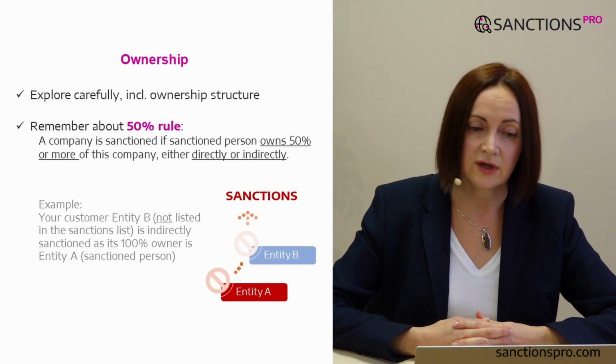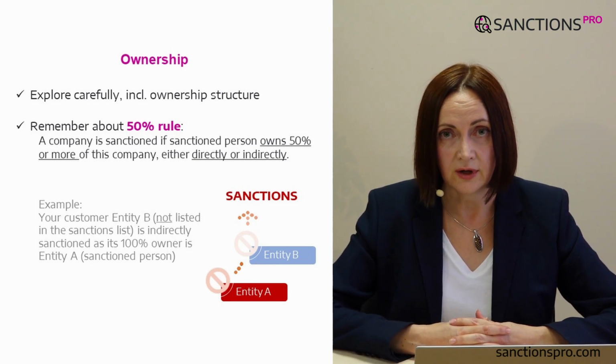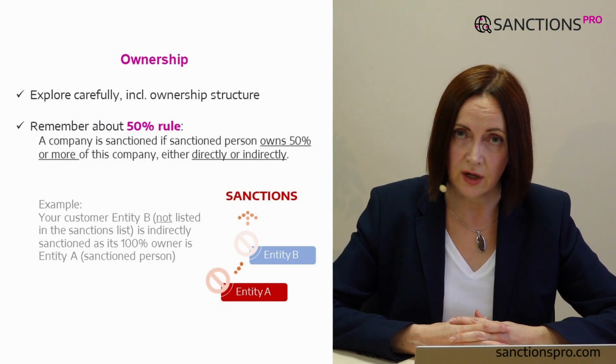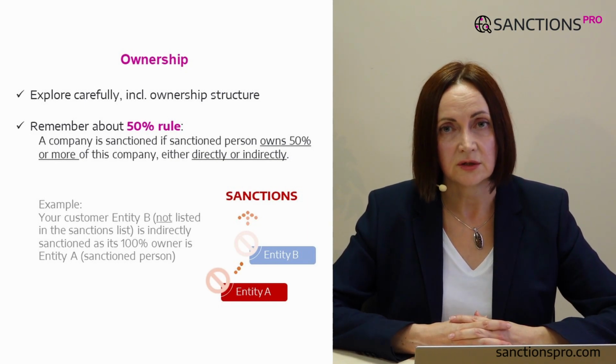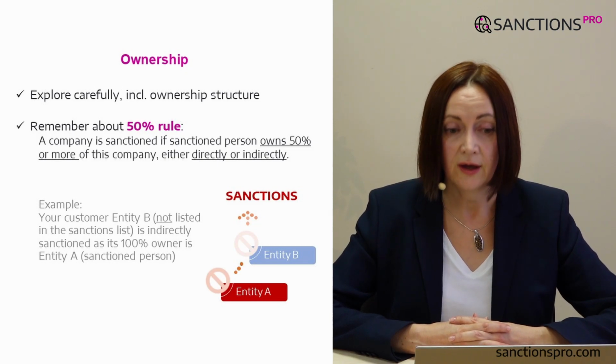But as soon as Mr. X owns 100% of company A, it should also be considered a sanctioned entity. And you have to recognize this situation through the understanding of the information within your databases that you keep within the process of KYC.